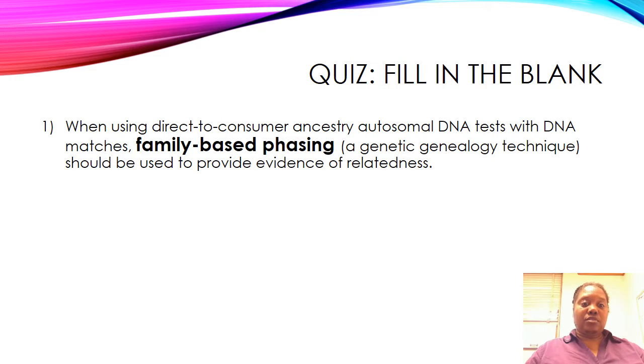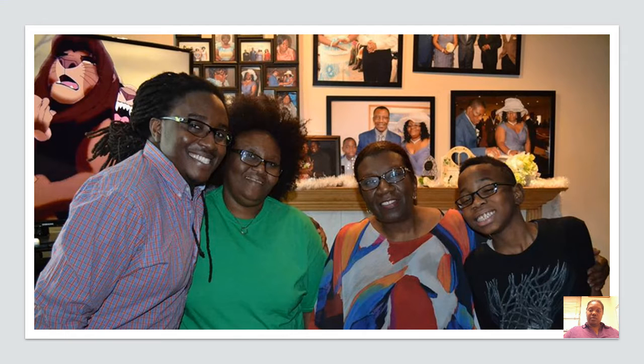When you're using direct-to-consumer ancestry autosomal DNA tests, and there is a match, family-based phasing is a genetic genealogy technique that should be used to provide evidence of relatedness. Okay, in today's lesson, you learned about identical by descent using the genetic genealogy technique called family-based phasing.